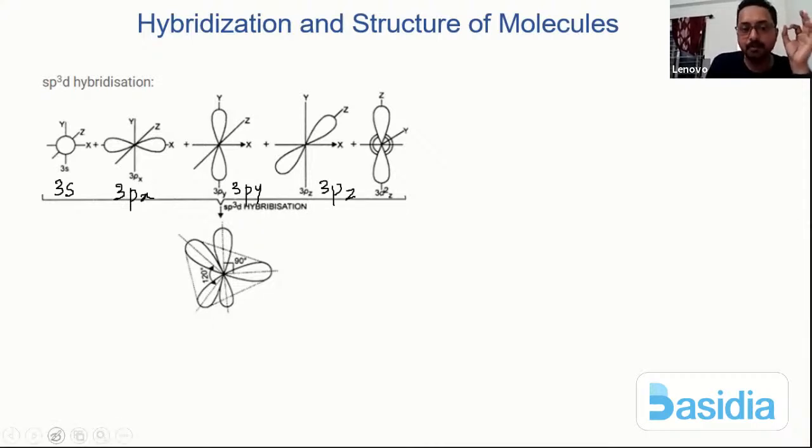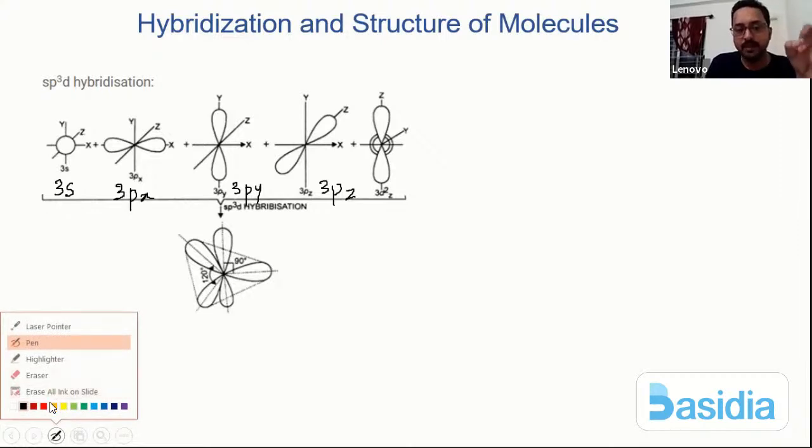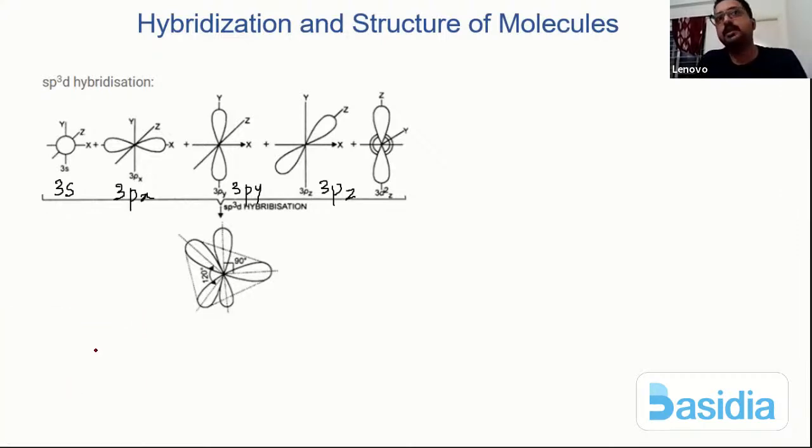The most important thing is that it is not just important that it's sp3d, sp3d2 or sp3d3 hybridization. It is also very important to know which orbital among the five d orbitals is actually involved in the hybridization.